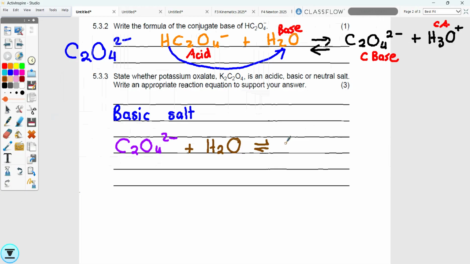So it's always going to be a double arrow. This is negative, so it's going to take H, forming H2C2O4. So we're going back to that acid that we decided on in the beginning.